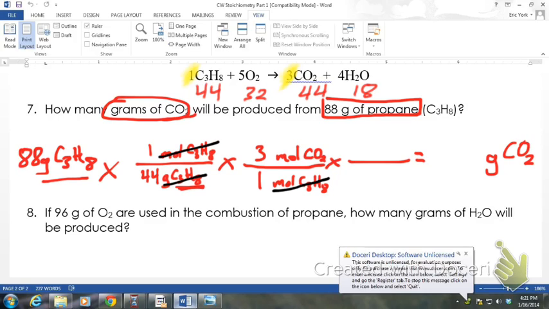Alright, we go back to our molar roadmap. Our final step is converting it from moles of CO2 into grams of CO2. So we put moles of CO2 down here. Again, we put it down here so it can cancel off with this one over here. And then we don't want moles, we want grams, so we put grams on top. You notice the units that are on top here are equal to the units that are in the answer.